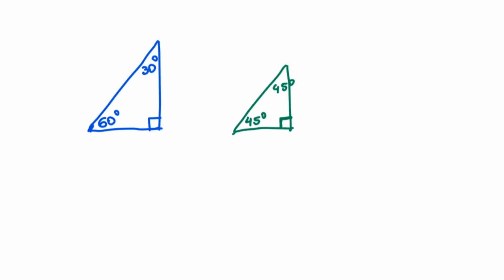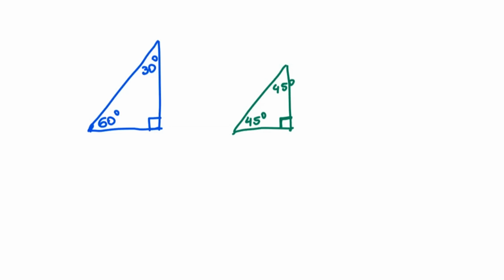All of these angles are acute angles, and on a unit circle, they will be found in quadrant 1. These triangles would also be formed in quadrant 1. Why are they special? Because we can determine the exact trigonometric ratios for these particular triangles and for these particular angles.